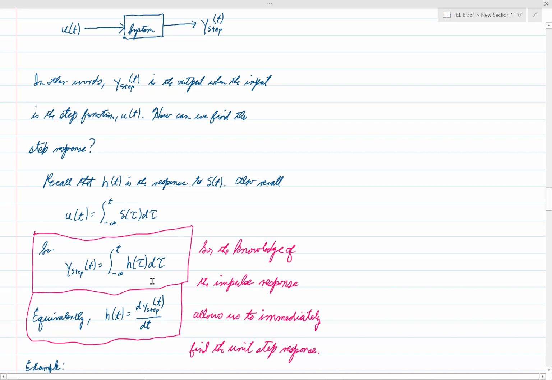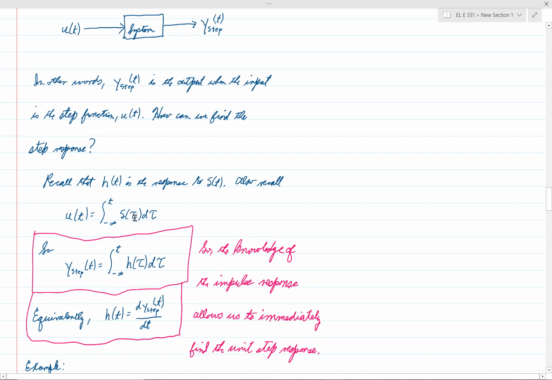Let me say that one more time because it's such an interesting idea. The unit step is the integral of the impulse. So the response to the unit step is the integral of the response to the impulse.